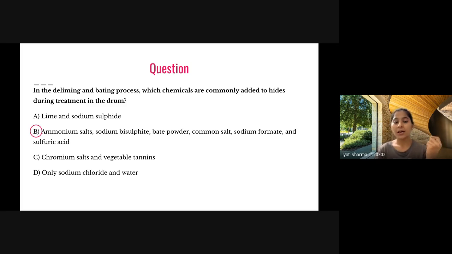So just see, at each step we just need the hide, but the remaining part, the byproduct, we will get at each step. And each byproduct will have some water, and that water will have a high concentration of either chemicals or organic matter, for example flesh, or some different things we may have. Okay.